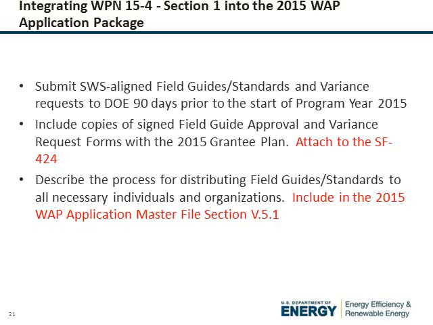And then the next thing you need to do to complete this section in your application is talk about how you're going to distribute those field guides and standards to everyone who needs them. We want those field guides and standards aligned with the SWS, but we also need a mechanism for getting them to the folks that need them. So just write a little narrative in your master file in section 5.5.1.